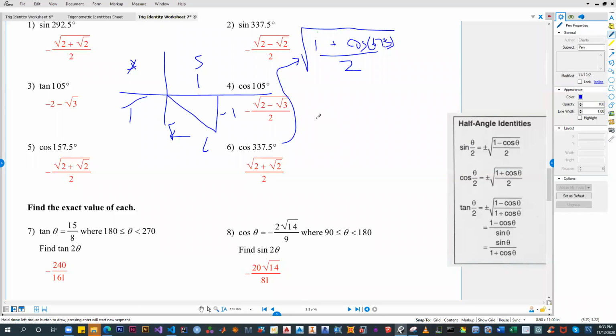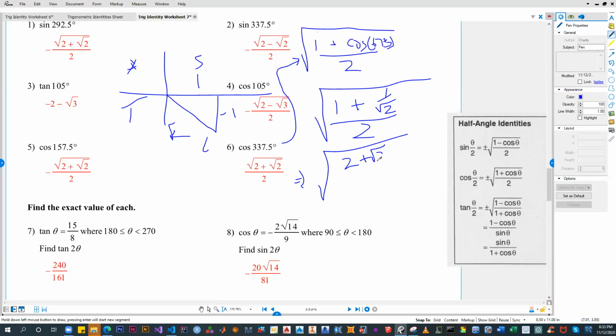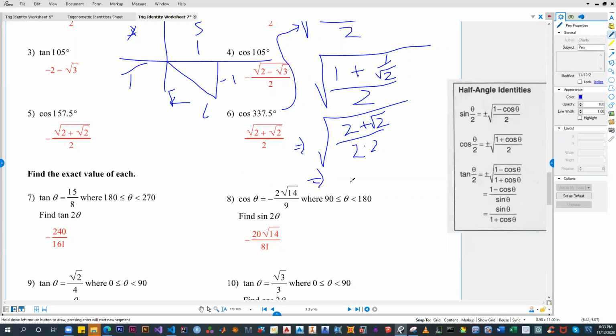So it's positive, and so it's 1 plus 1 over root 2 over 2. And 2 plus root 2 over 2 times 2. So that's 2 plus root 2 over 2.